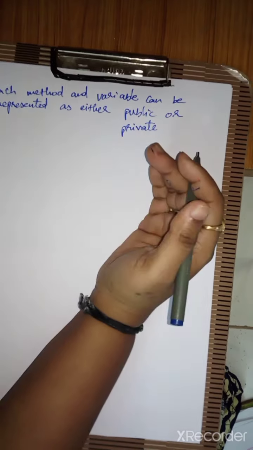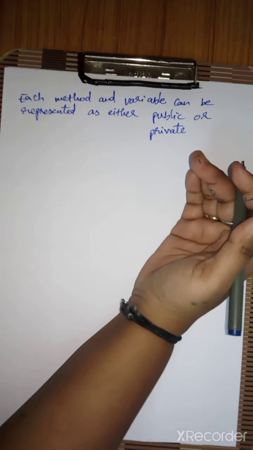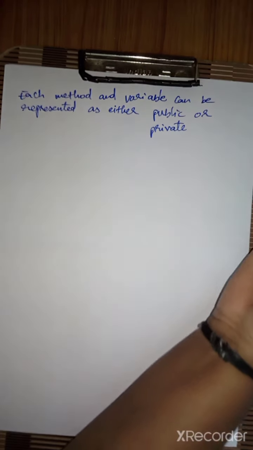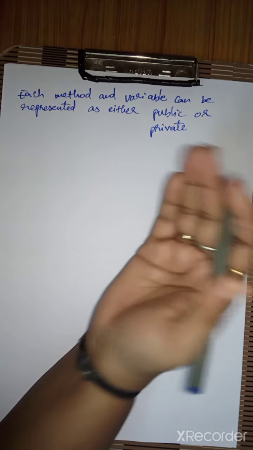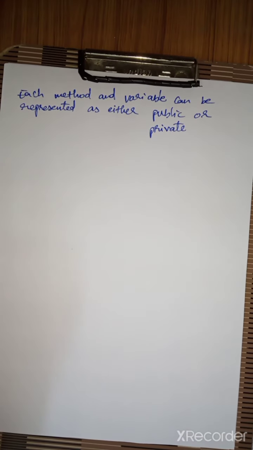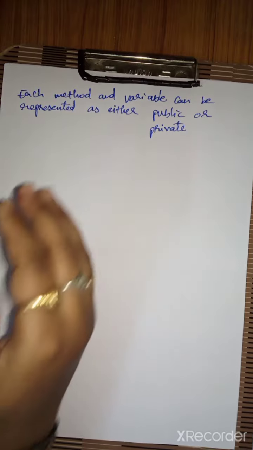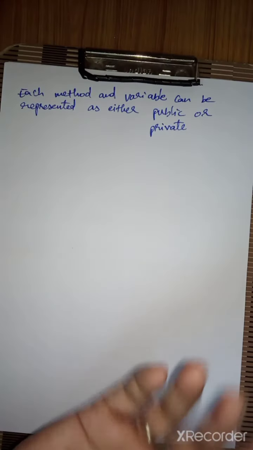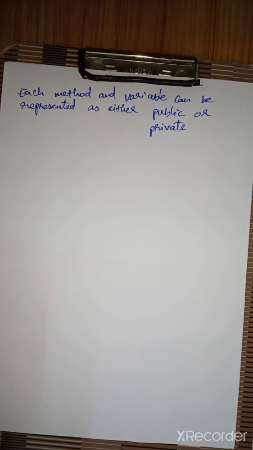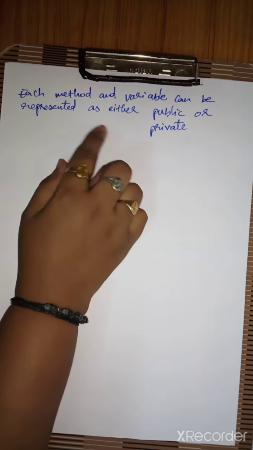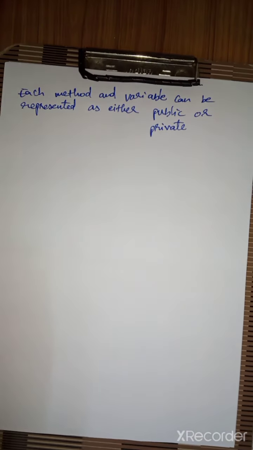Here you are limiting the access, whether it should be visible outside the class or within the class only. So implementation details, whether they can be shown outside or hidden, can be implemented by using public and private.